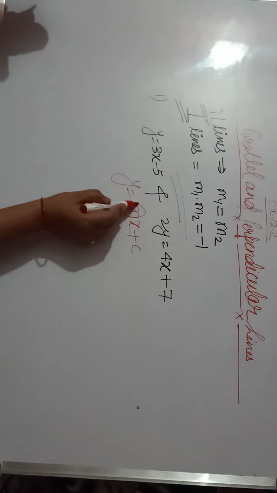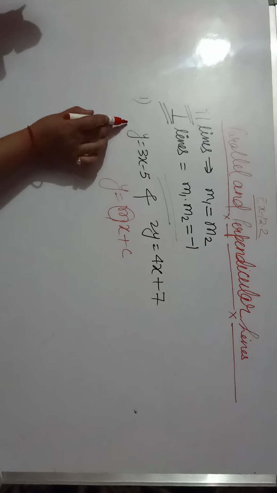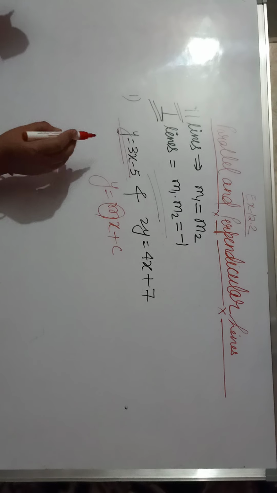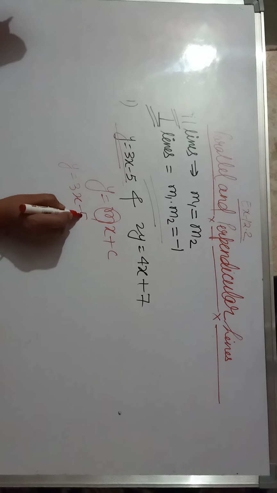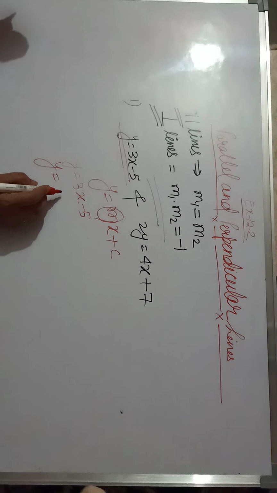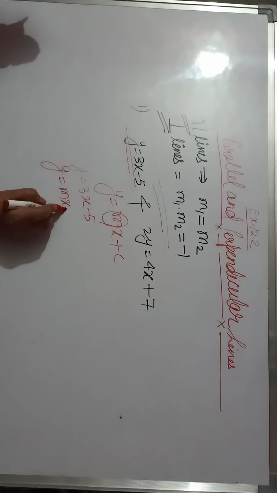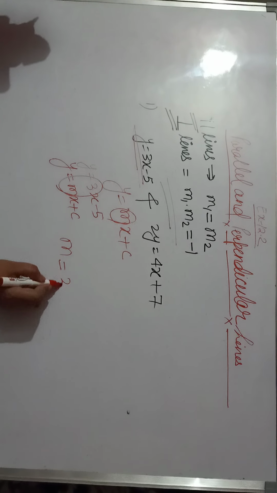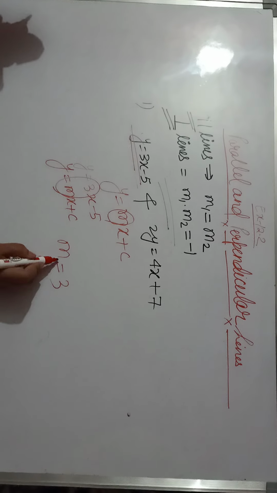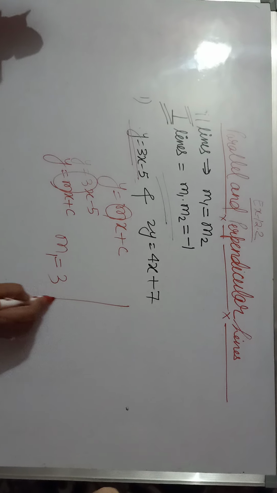The multiple of x is the value of m. Comparing the first equation, y is equal to 3x minus 5, with y is equal to mx plus c, the value of m is 3. This is the first line, so we have the slope m1.